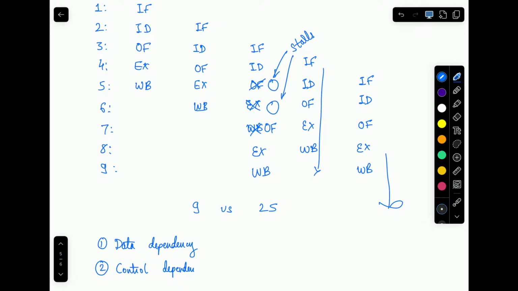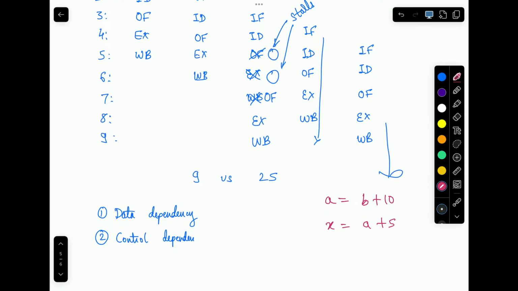See, before the write back stage, what would happen if I have a statement here, A is equal to, as we said, let's say B plus 10, and then you have some X is equal to A plus 5. You remember when we used to select instructions, you have seen this in Java bytecode as well as the kind of assembly instructions we were generating on the first day in the first session. When we generate instructions for this after performing register allocation, won't it happen that before you write back the register containing A into the memory, that register has the value of A?